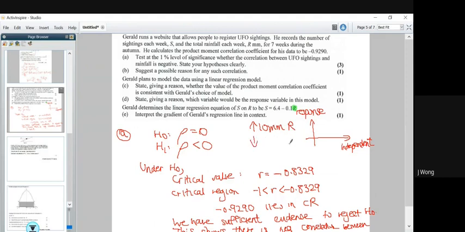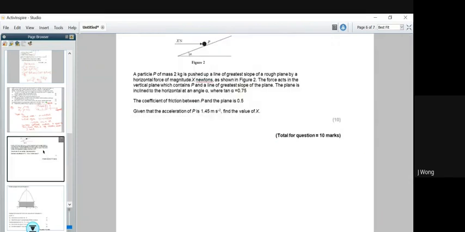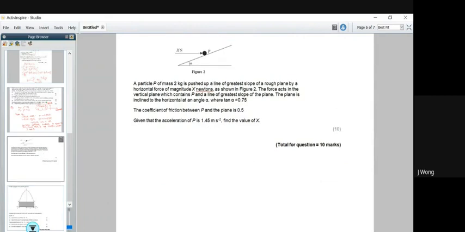We always start from the horizontal variable, in this case R. So you will say as R increases by 1, S will decrease by 0.1. To put it back into context, as the total rainfall each week increases by 1 millimeter, the total sightings will decrease by 0.1.